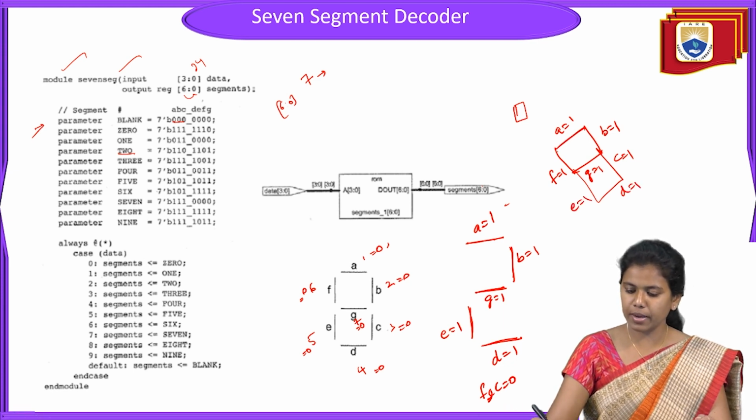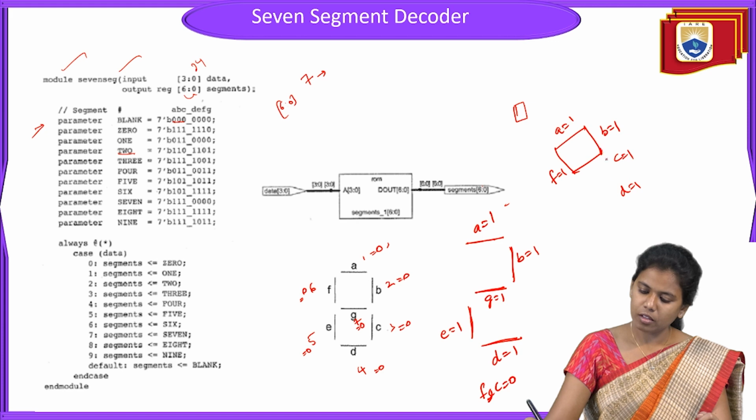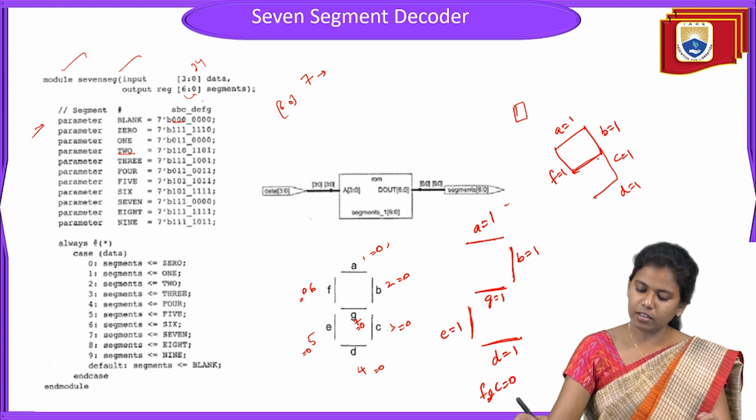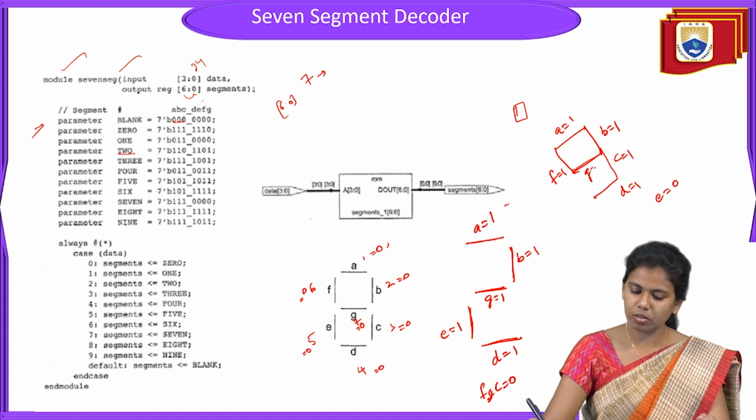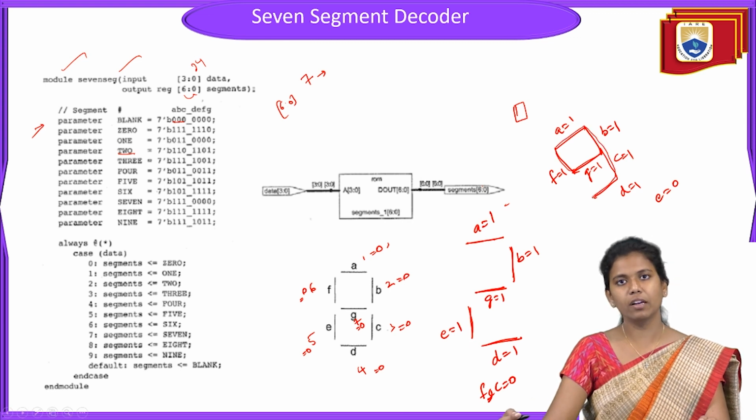So here I can see my 8. If I want to see only 9, this is my 9, right? So here E should be disabled, E equals 0. Except E equals 0, the rest are all in the on state, then 9 will be displayed.